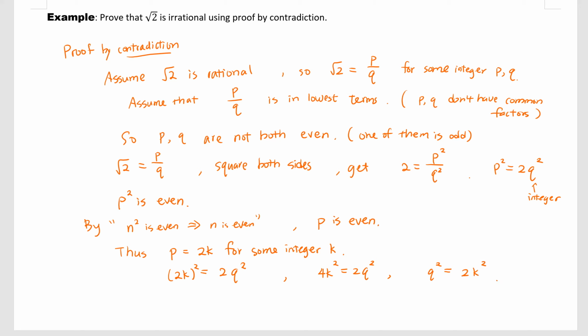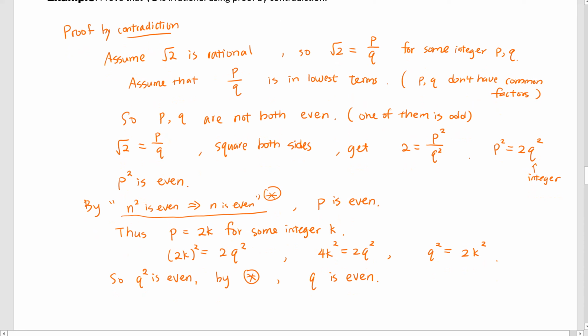Oh, what do we see? So q squared is even. Well, by the star lemma we showed last time, we know q is even. See, we get a contradiction.